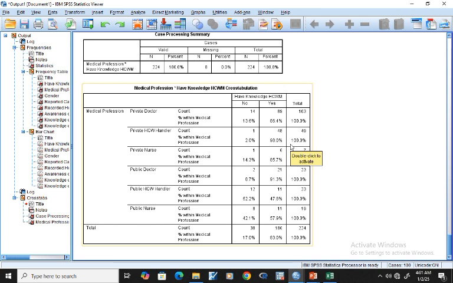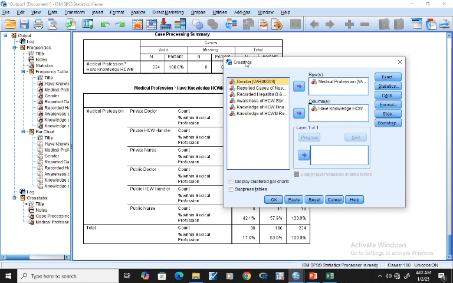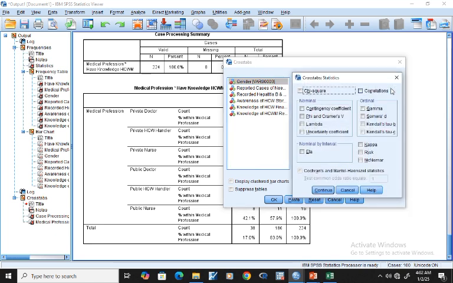So we need inferential statistics to do this. So what we need to do here is go back to the cross tabulation and look at it, and we can now check statistics and pick chi-square. In this chi-square, we have two types of chi-square tests.